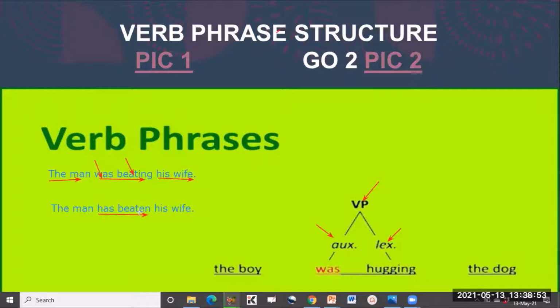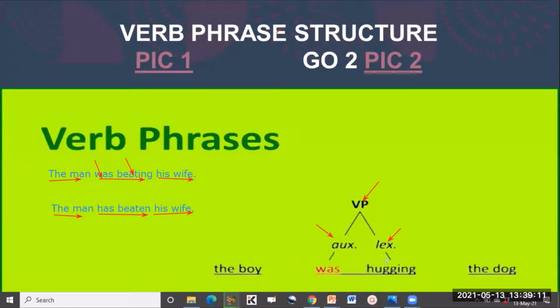Has beaten. The man has beaten his wife. So we still have the same subject, verb, object. All right. So this is the verb phrase structure.